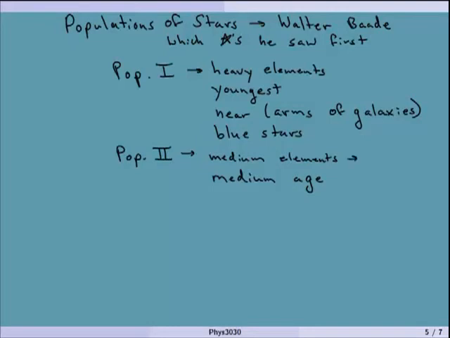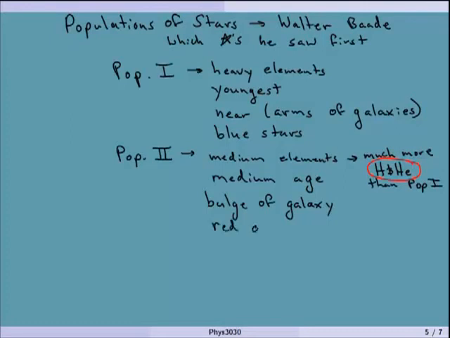They actually have much more hydrogen and helium than population 1 stars; they're really dominated by hydrogen and helium, with some medium elements. They're found in the bulge of the galaxy, which is far away from us, and that's why they were seen second. There are a lot of red giants in here.